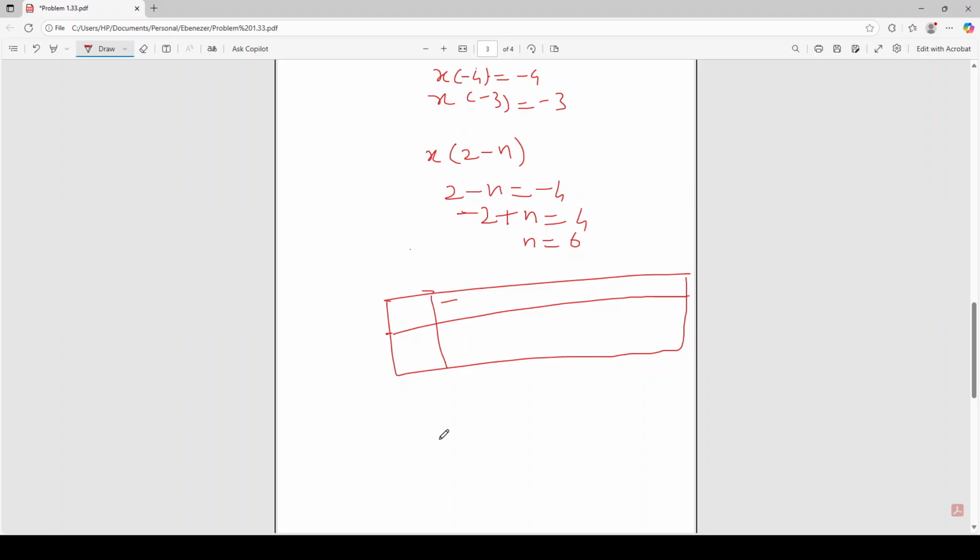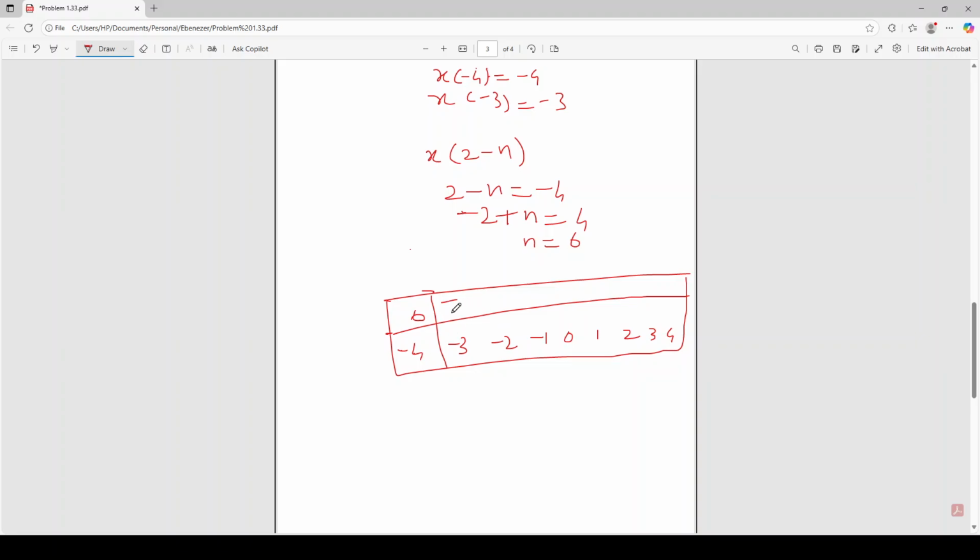So you need values for -4, -3, -2, -1, 0, 1, 2, 3, 4. So when will it become -4? Here n is 6.